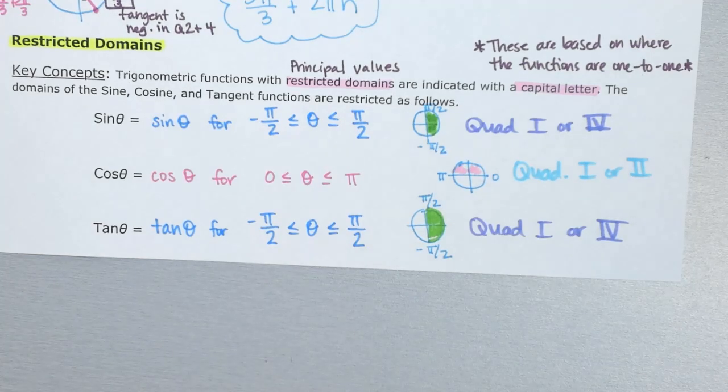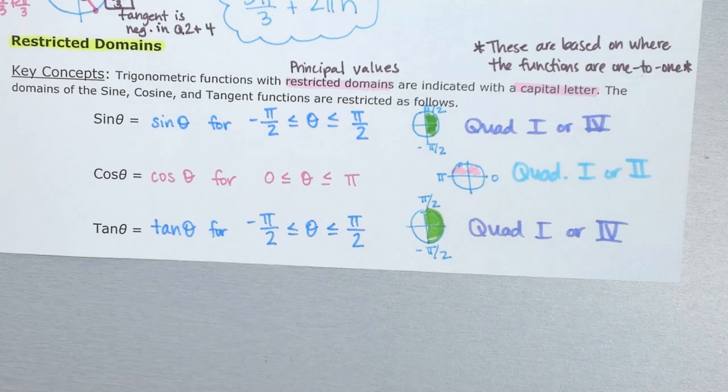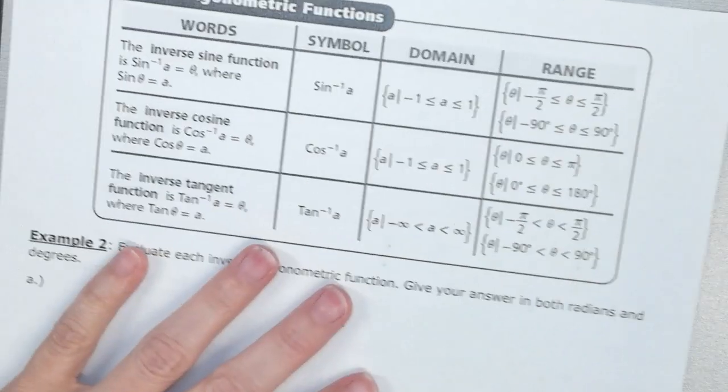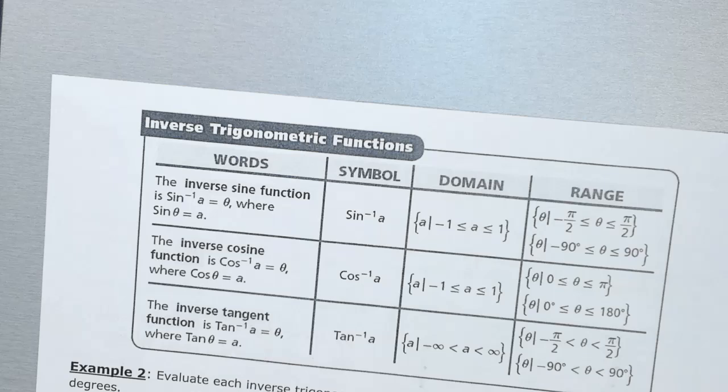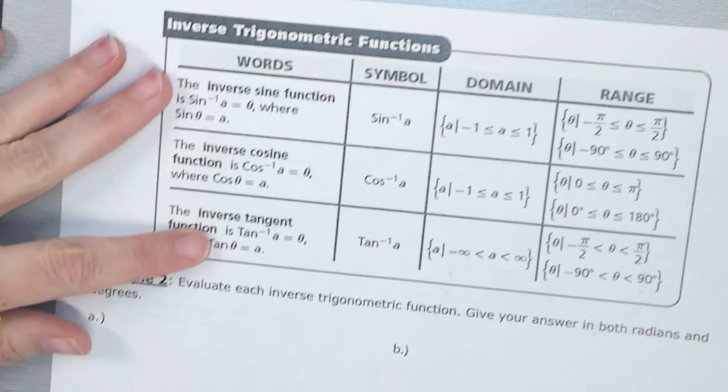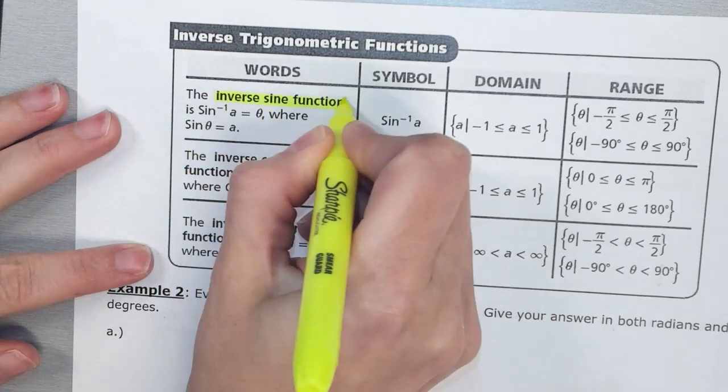Okay, now what we just talked about, a lot of that is covered in the table on the back sheet. They organize this for you in a chart, but there are a few extensions.